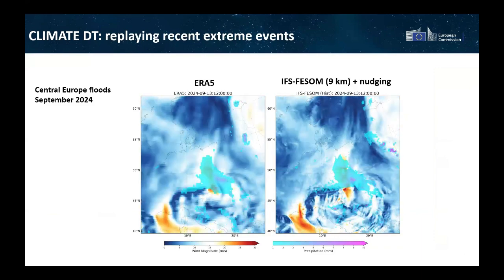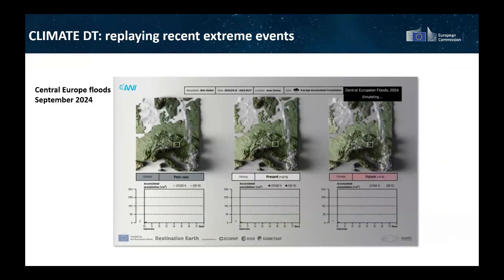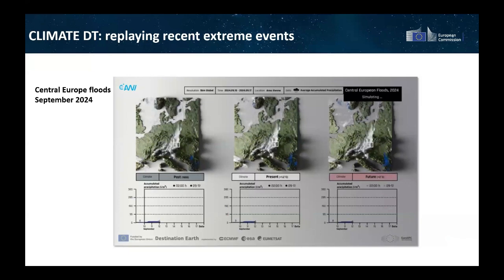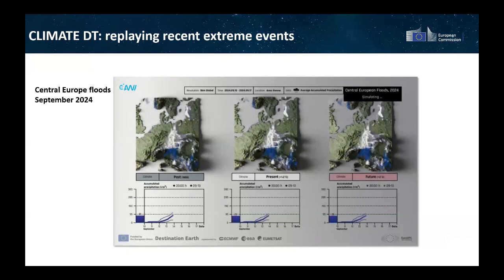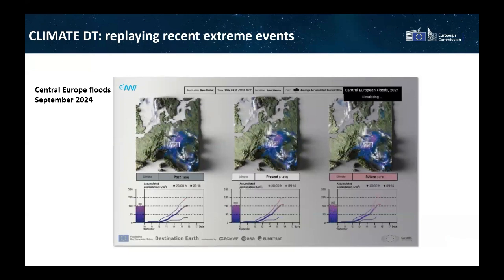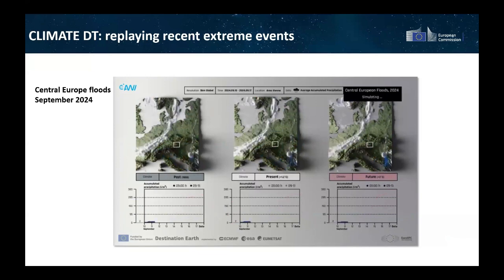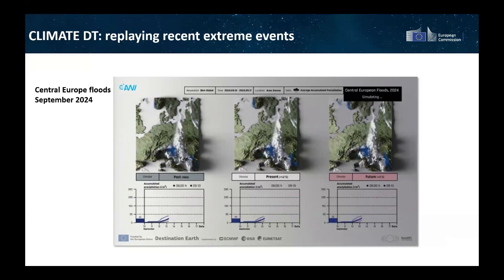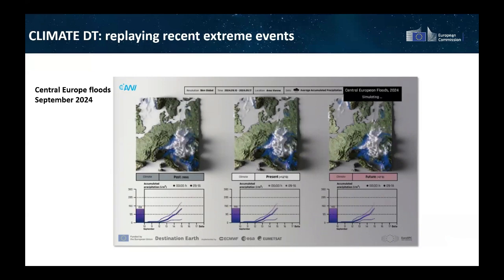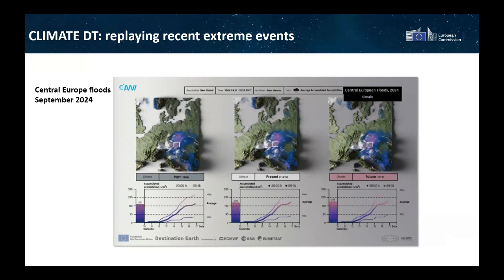And one interesting application of that is that you can use this climate simulation as a forcing to be able to replay some events, and especially extreme weather events. So here, for instance, in the middle, you have the current event, nowadays, it was a flooding in September 2024.